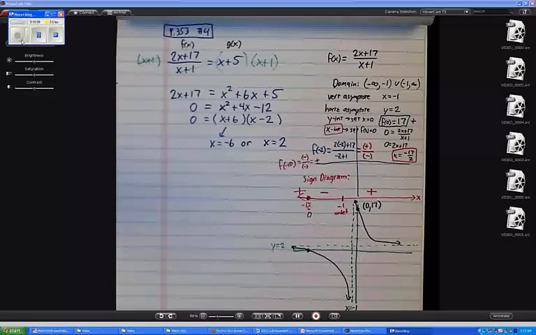Now, all that's in black. All of that is the graph of f of x. Now we also could graph the left-hand side, right? f of x we said is 2x plus 17 over x plus 1. g of x is going to be the function x plus 5.